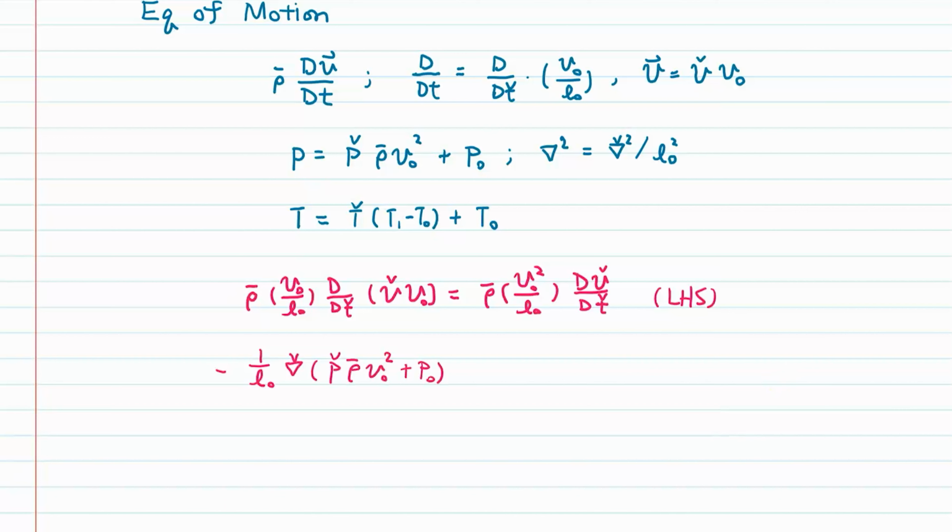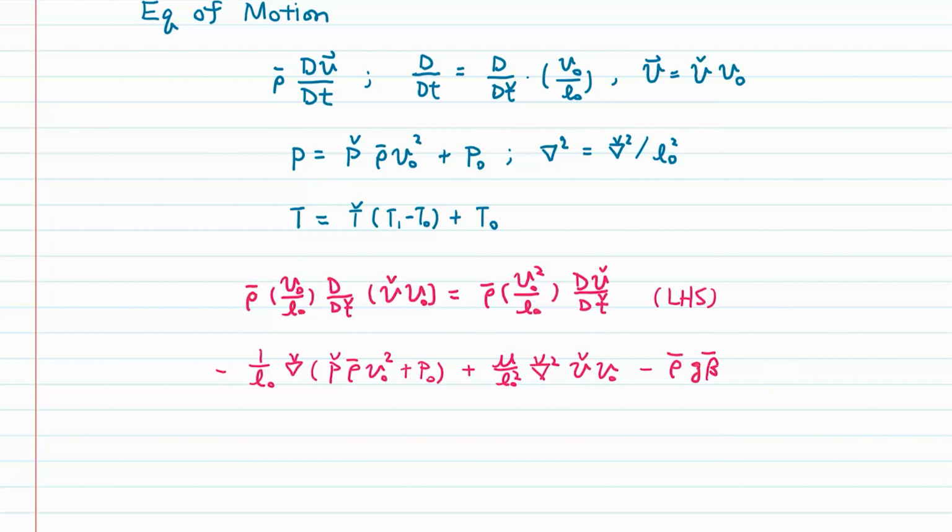And then we have the viscous term, so plus mu over L naught squared times the dimensionless Laplacian times V naught. And then the last term would be minus rho G and the buoyant coefficient times T minus T bar, right?